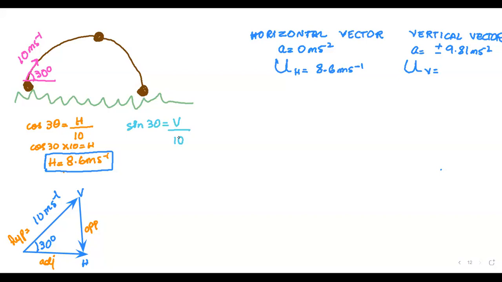I get my velocity as 5 meters per second. So I have all this information available. What other piece of information do I have? I know that at the very top, my final velocity is 0. My final vertical velocity is 0.